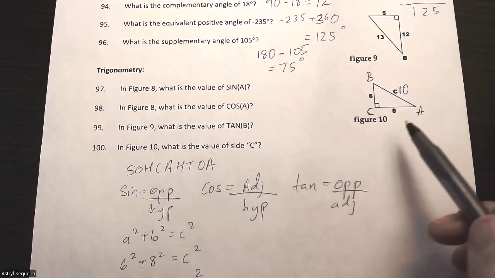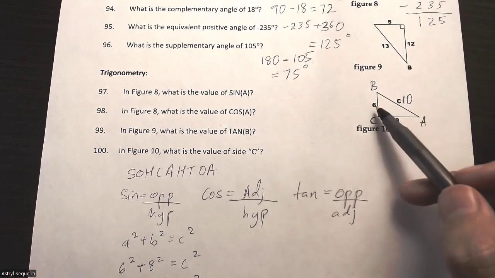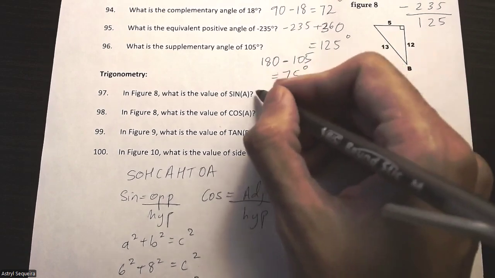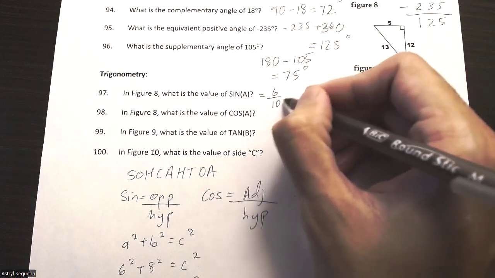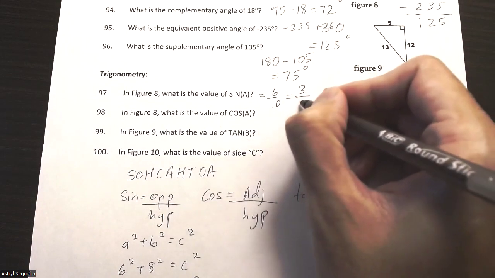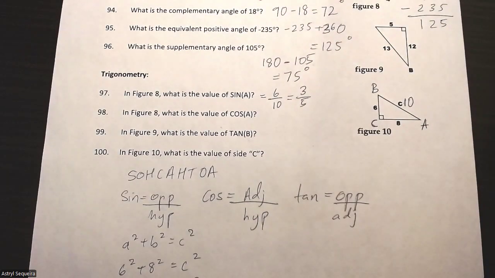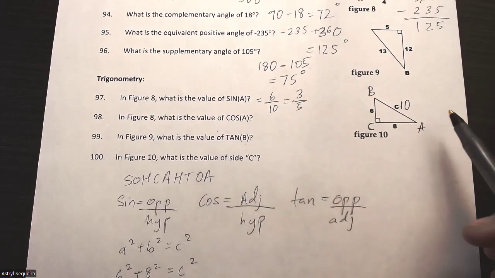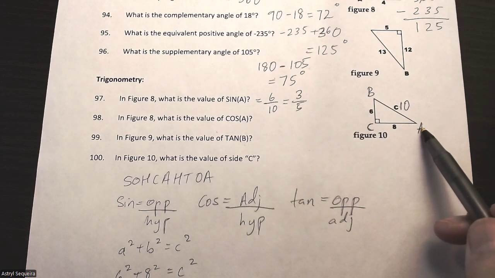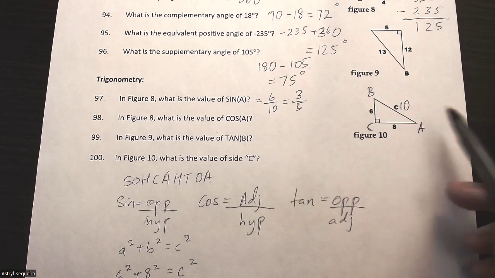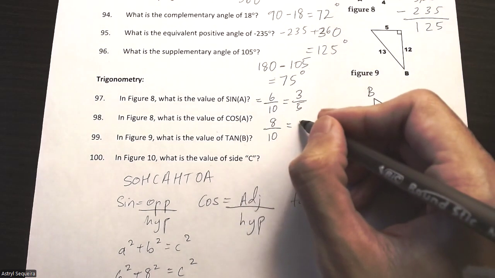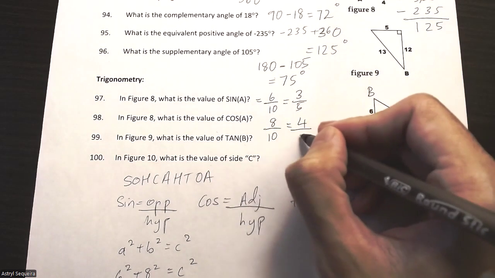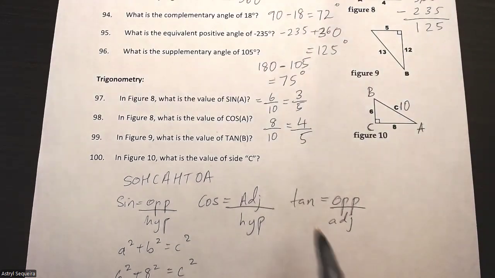Now I can find the value of sine A. Sine A is opposite over hypotenuse. So that's just 6 over 10, which can simplify to 3 over 5. Cos A is adjacent over hypotenuse, which is 8 over 10, which simplifies to 4 over 5.